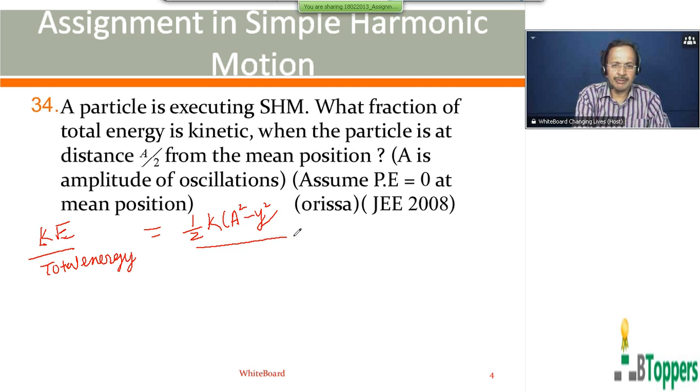The kinetic energy can be half K into A square minus y square. And total energy of oscillations is half K A square. And K equal to m omega square here. So here you have to find the value of this ratio at the instant when y equal to a by 2.